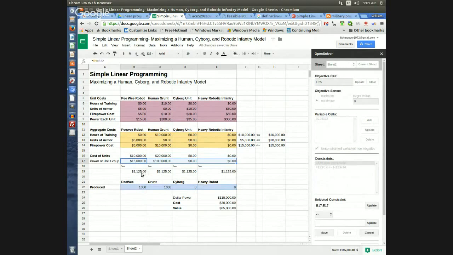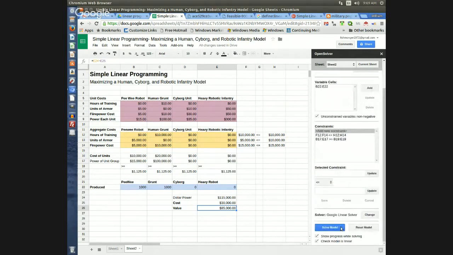And then we're going to have that greater than or equal to these minimum constraints. So update and save them. And we're going to make the value E26. So in this way, we're maximizing the firepower and minimizing cost at the same time, and trying to find that best value of a fighting force.